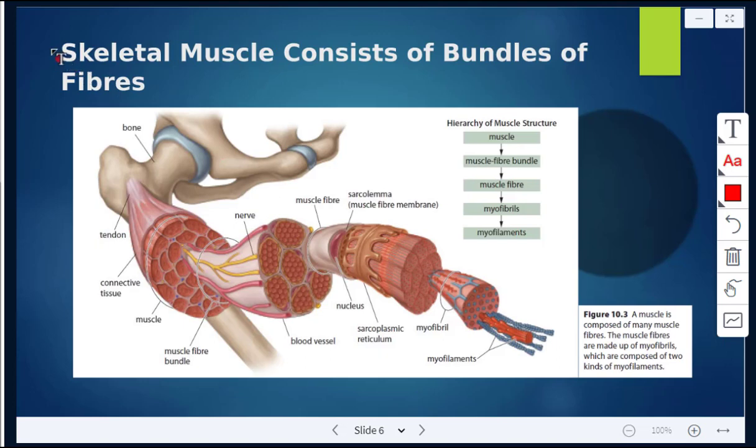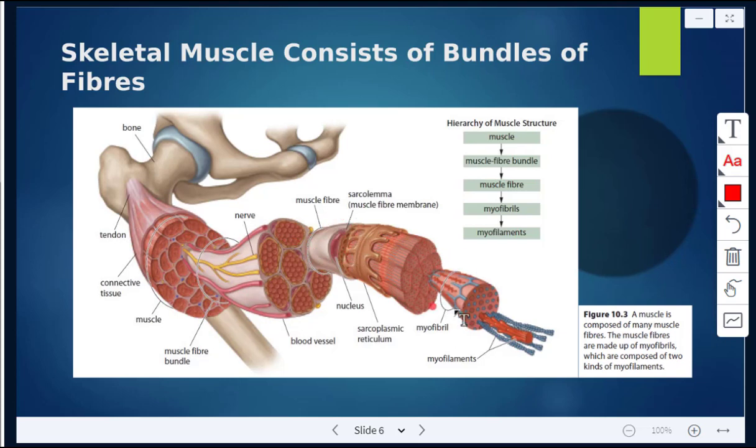Skeletal muscle consists of bundles of fibers. Here we have bone, we have the tendon, connective tissue, and here we see our muscle. So the hierarchy of muscle structure: we have the muscle, and then the muscle fiber bundle shown here, and then a muscle fiber.